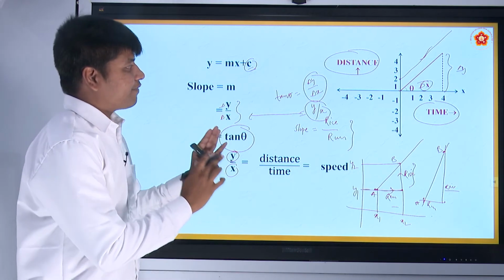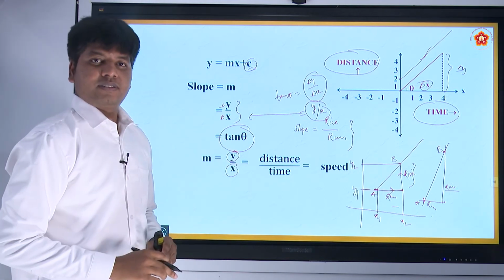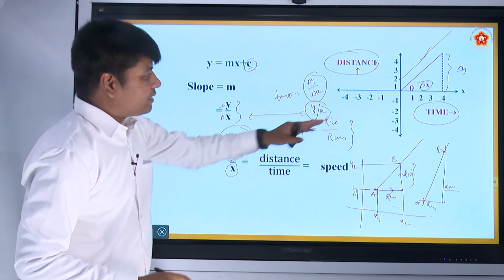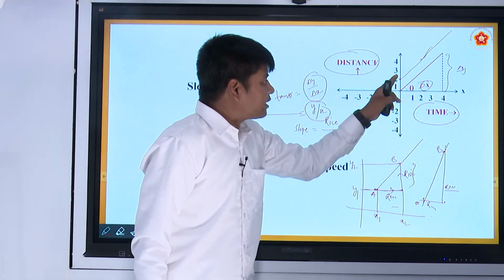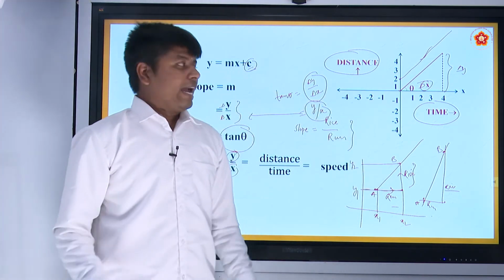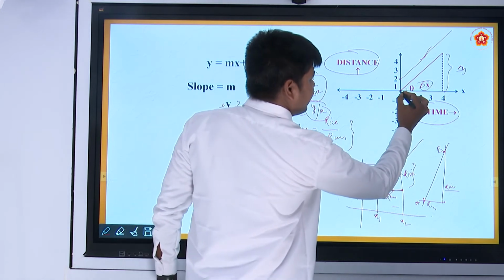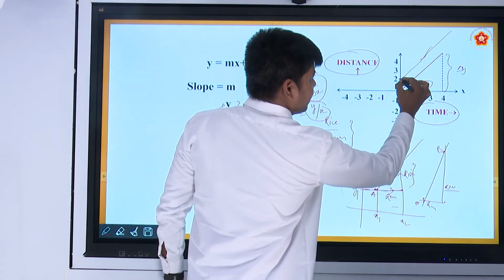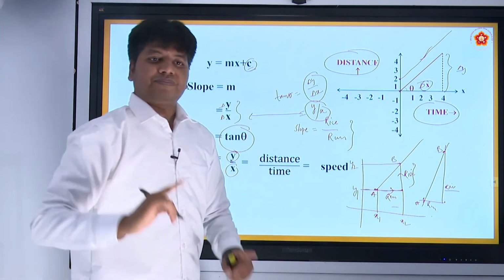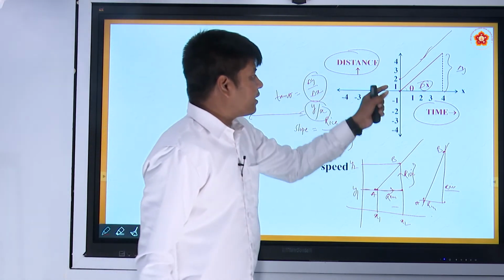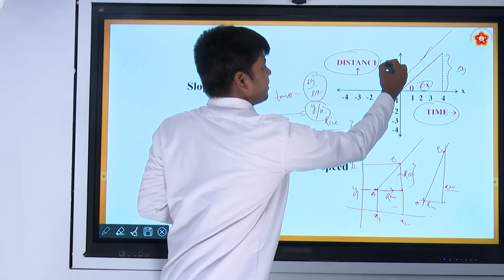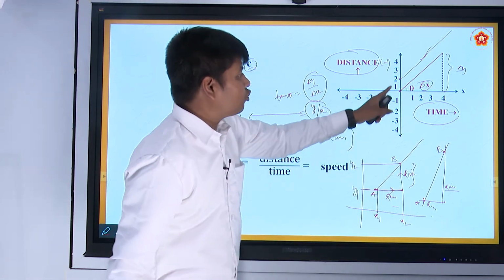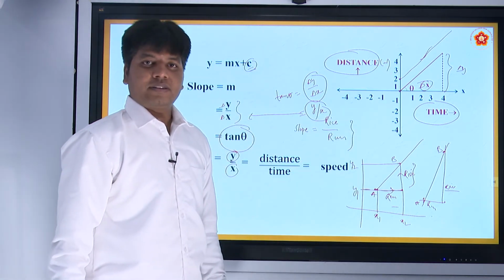Does it make any difference to the slope? What does this mean? It starts at 2. That means at t equal to 0, the particle is at a distance of, for example, if this is in meters, 2 meters.